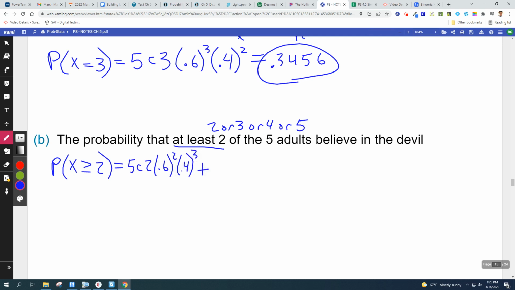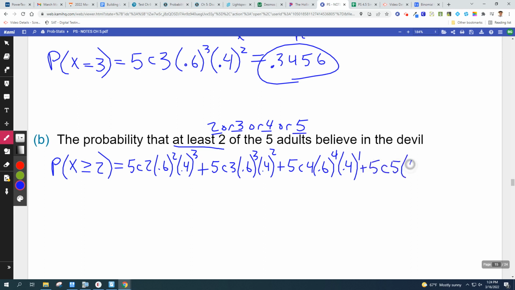Or means plus. 5 choose 3 times 0.6 to the third times 0.4 to the second. Or we've done 2, we've done 3, now we do 4. 5 choose 4 times 0.6 to the fourth times 0.4 to the first. Now we do 5. 5 choose 5 times 0.6 to the fifth times 0.4 to the 0.